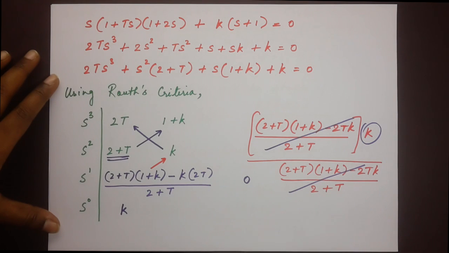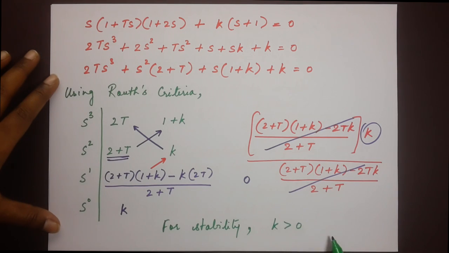Now the next step here is to see, the question tells us that k is greater than 0 and t is greater than 0. Now for stability, k should be greater than 0. Therefore this term here should be greater than 0. Okay, I'll write that down here. For stability, the importance is given to k.